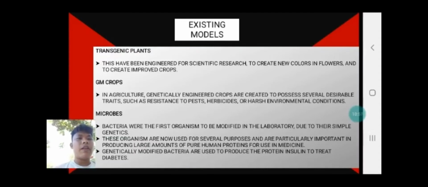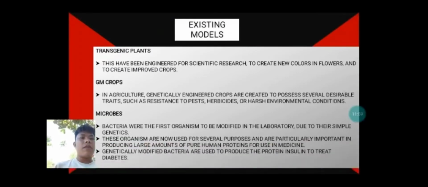These organisms are now used for several purposes and are particularly important in producing large amounts of pure human proteins for use in medicine. And genetically modified bacteria are used to produce the protein insulin to treat diabetes. Yes, that's it.